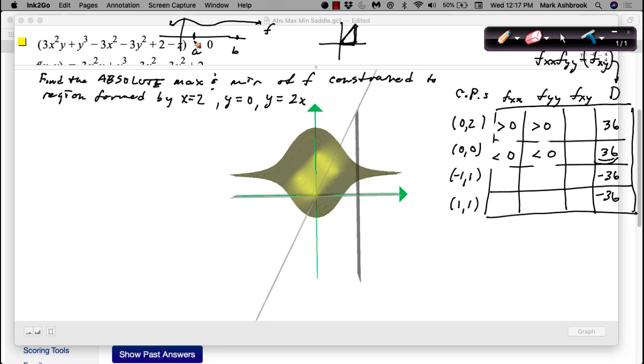And then checking the endpoints A and B is like checking this whole boundary. So each one of these pieces of the boundary is like one of these problems. See that? So yeah, we want to check the interior for critical points.